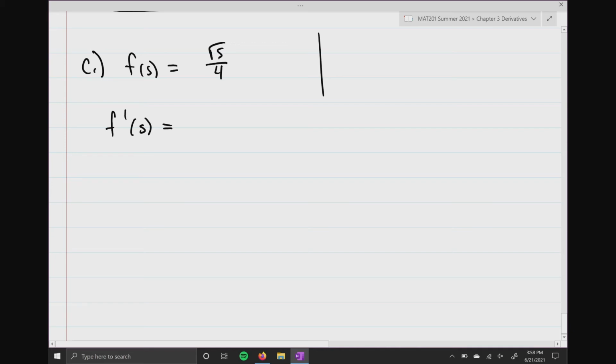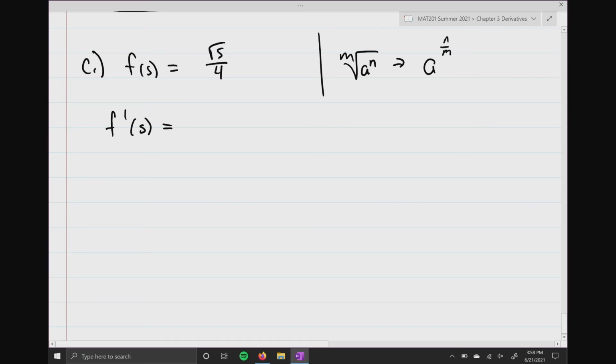If you look at those rules, we have the power rule, the sum or difference rule, the e to the x rule. We don't have a rule for the square root. However, a long time ago, you were taught that the square root is nothing more than an exponent that's a fraction.